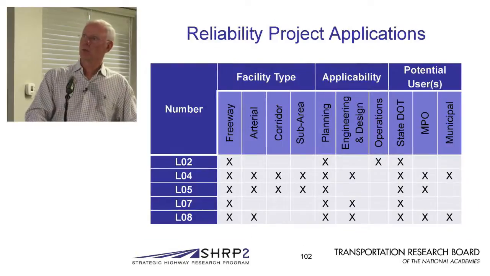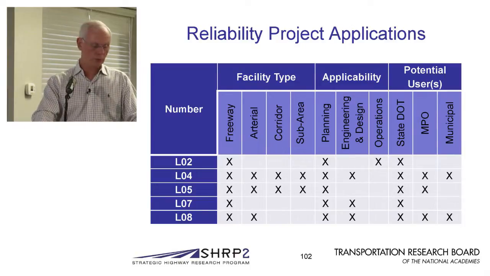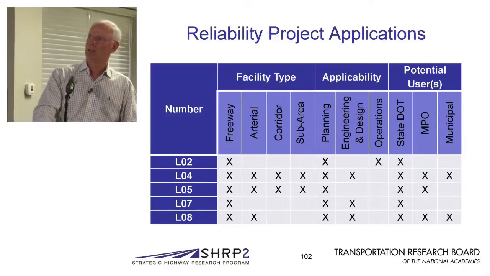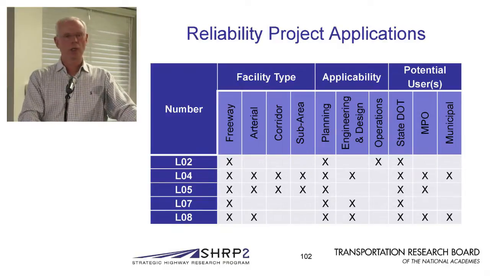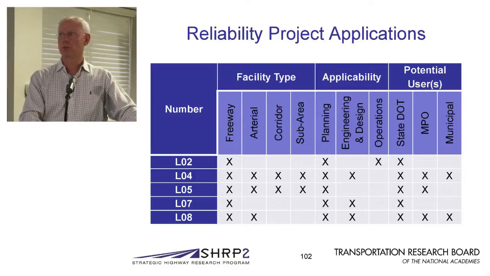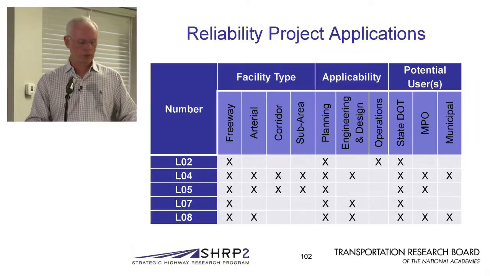And this is another way of looking at it that illustrates the research reports, what type of facility they're applicable to, applicability from the standpoint of the phase, whether it's planning, design, operations, and the type of agencies that may be users of this information, be it a state, a typical MPO planning agency, or a municipal agency of some sort.